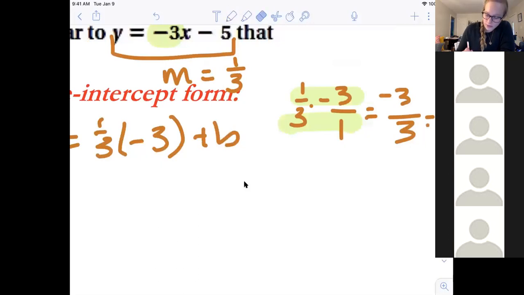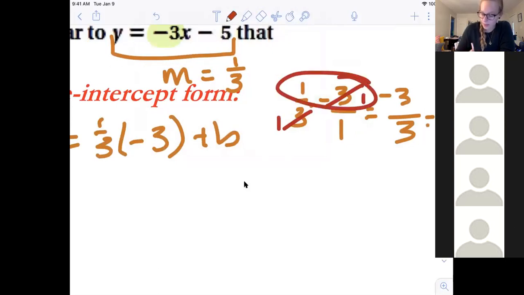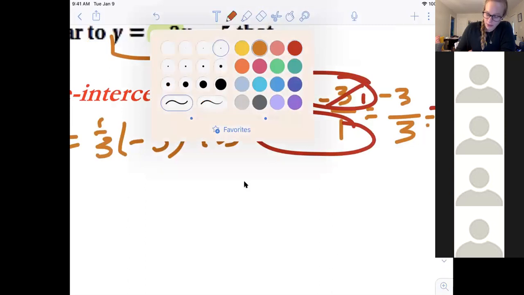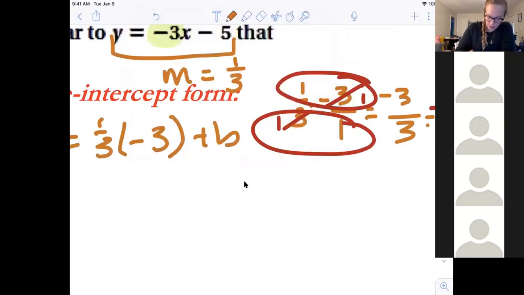What you also could have done was known that we could cancel out. If I have a 3 in the denominator and a 3 in the numerator, those cancel out and I am just left with 1 everywhere. So the top will be 1 and the bottom will be 1. The only thing is it's got to be negative, so don't forget a negative with your 1. If you were nervous about multiplying fractions, that's all that is.